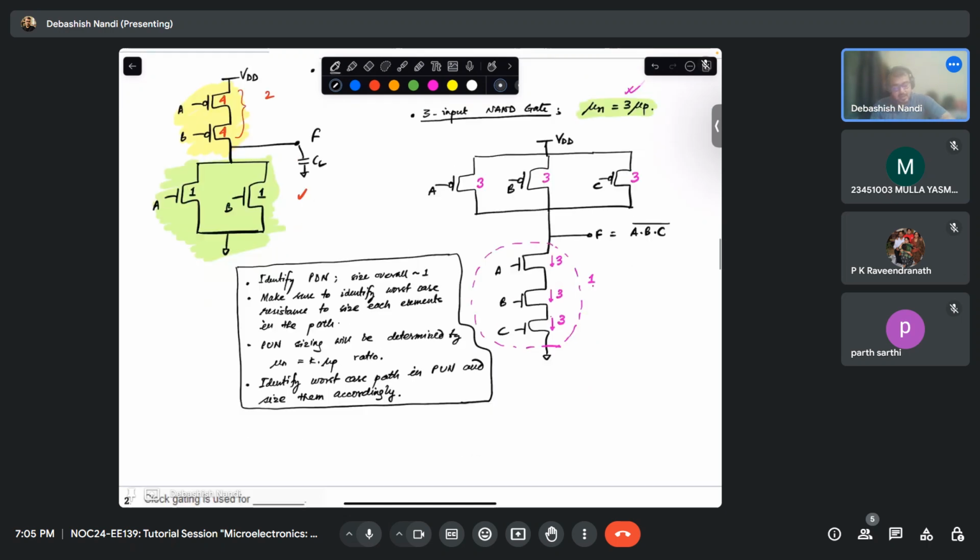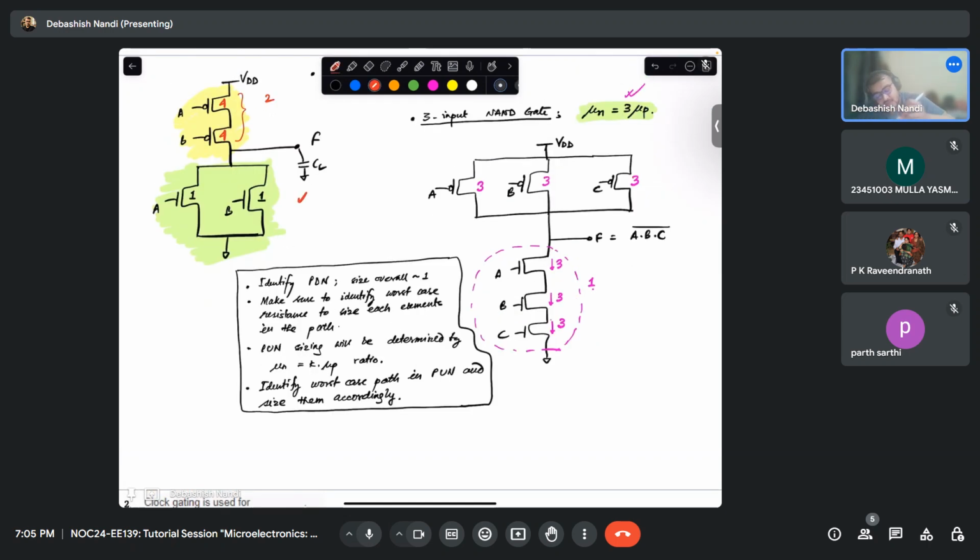Okay, now tell me one thing. With this, what should be the inverter sizing? This is A, this is A, this is F, this is VDD.